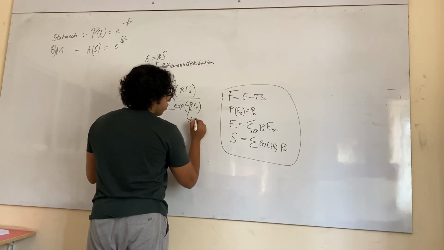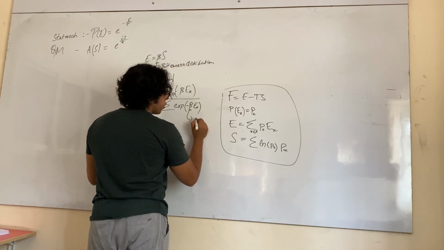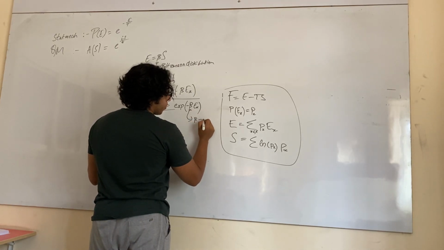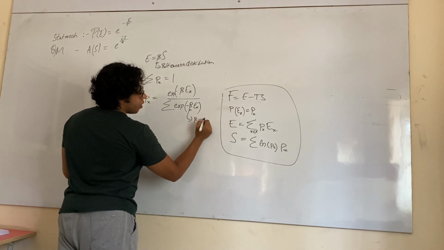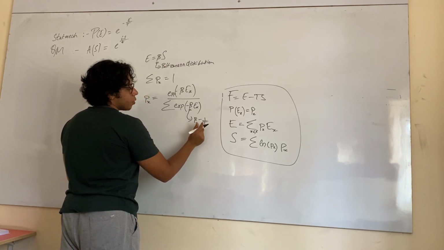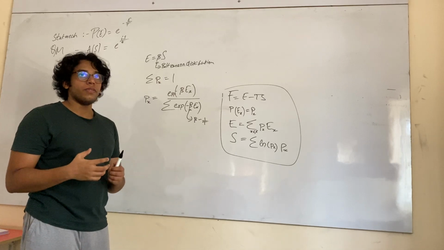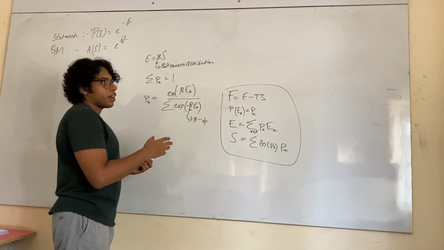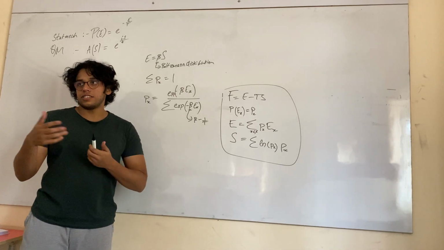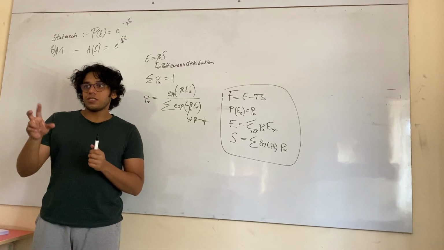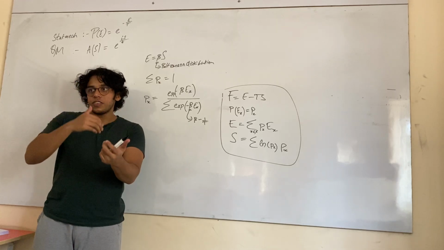It is related to 1 by T, the inverse of temperature, which is like the coolness of the system. It's like resistance and conductance. It's not the negative, but it's the inverse.